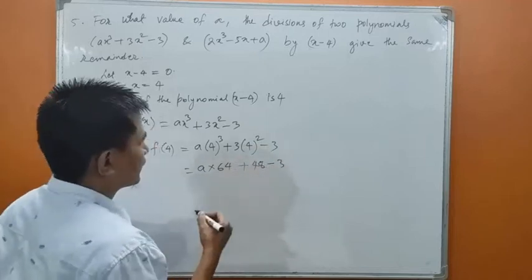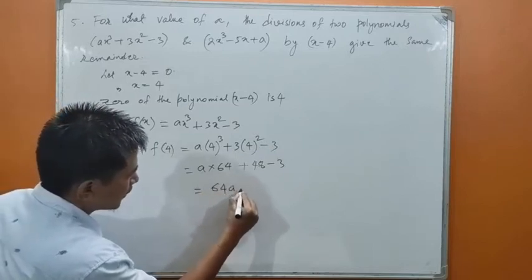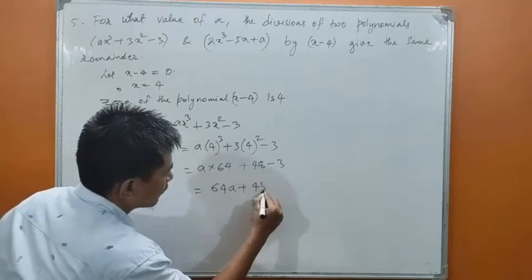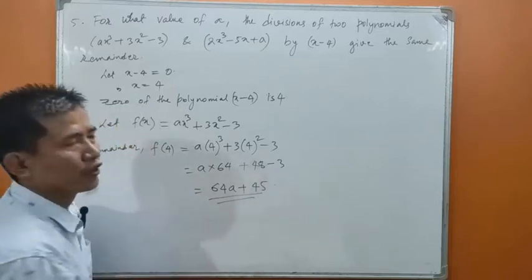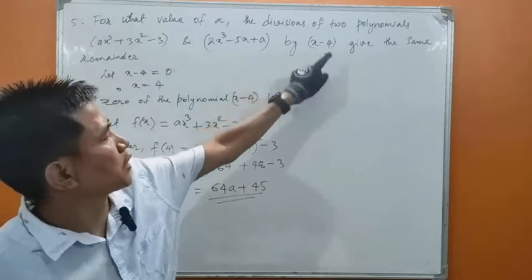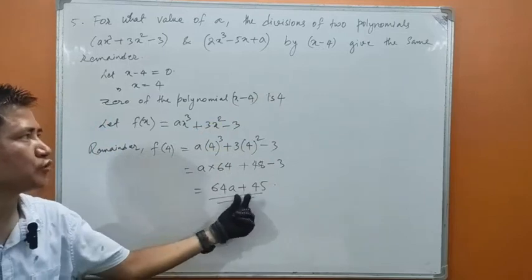Minus 3. Okay. 64 into a is 64a plus 48 minus 3 is 45. Got my point? When this expression is divided by x minus 4, we got remainder 64a plus 45.